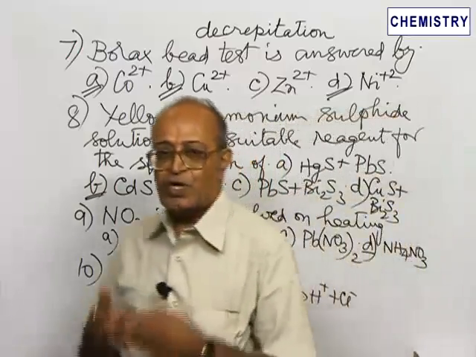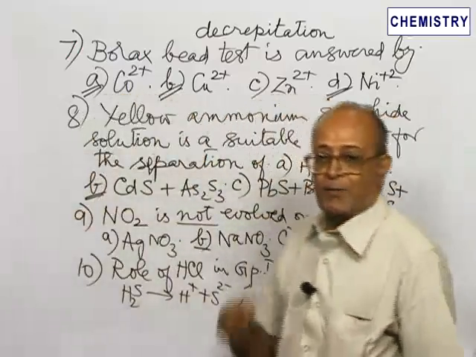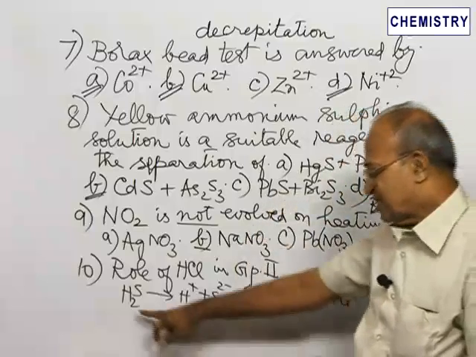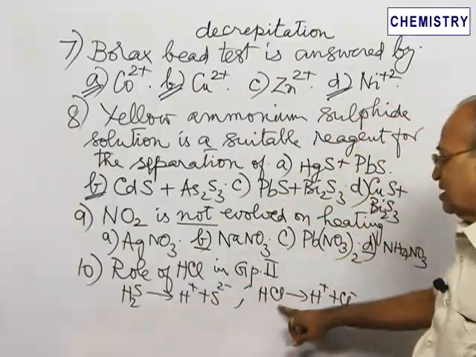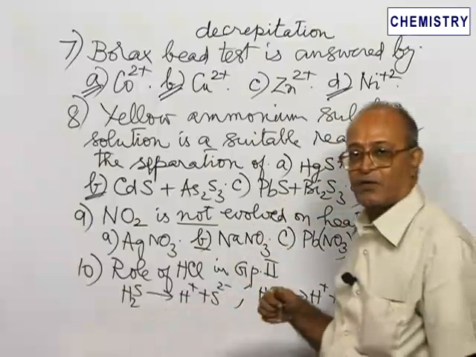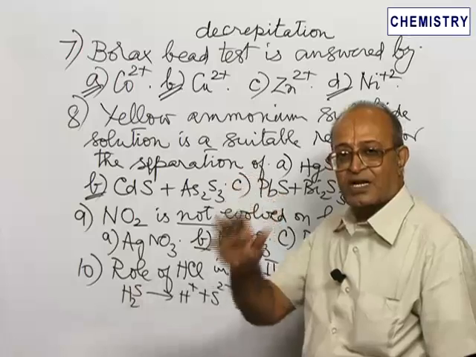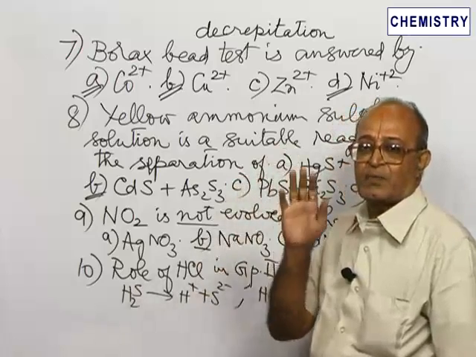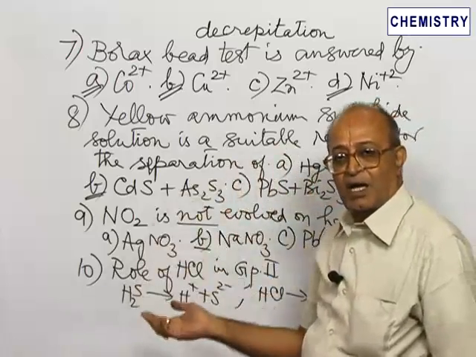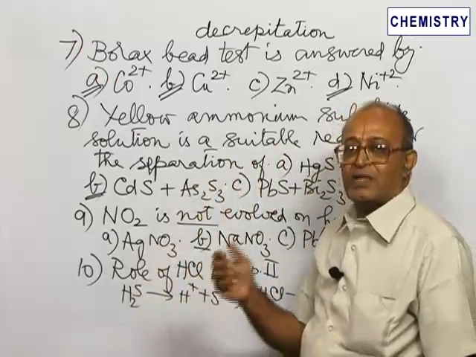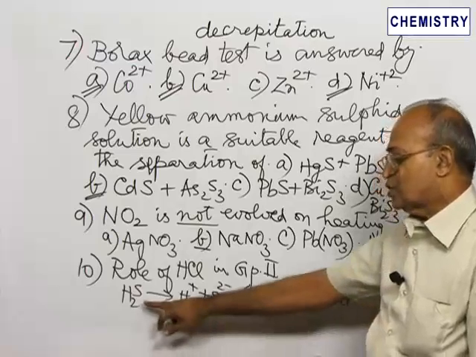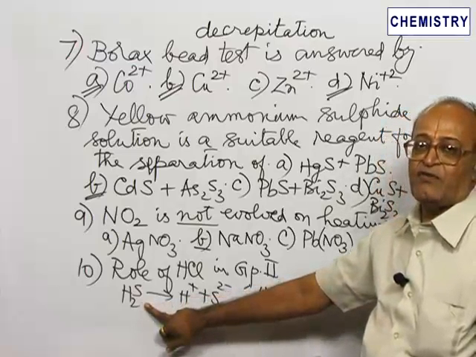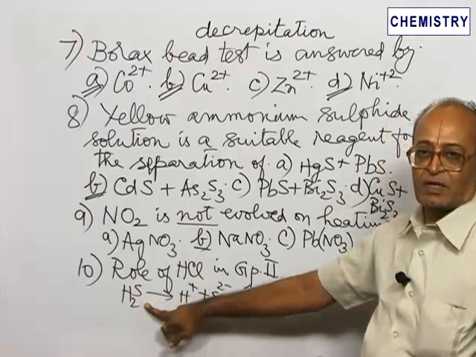We pass H2S in second group and fourth group, but in second group this dissociation of H2S is suppressed by the addition of HCl, because of which only the second group sulfides are precipitated and not other sulfides. So the reason is the addition of HCl is to suppress the dissociation of H2S. Do you follow?